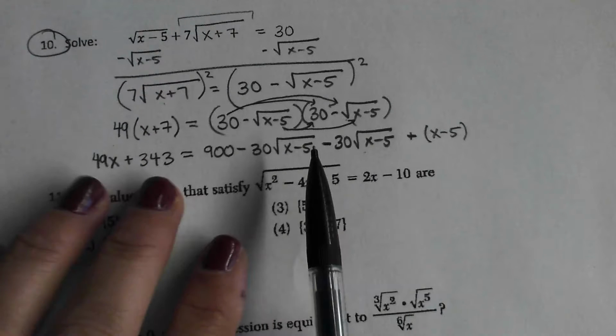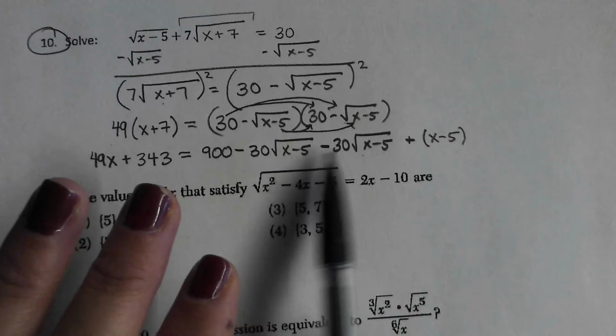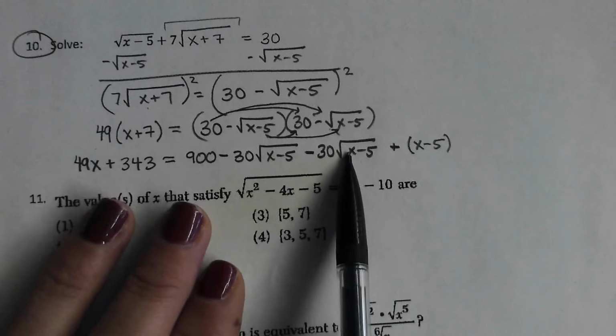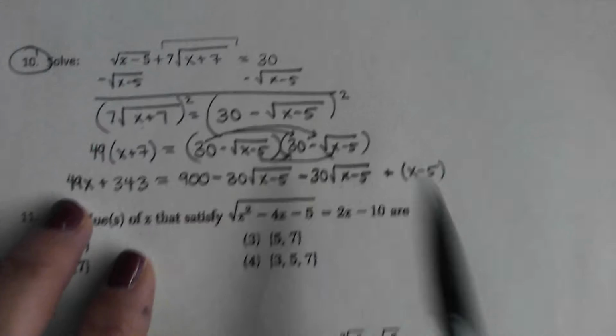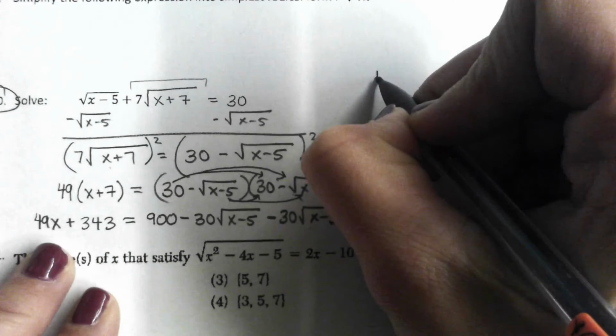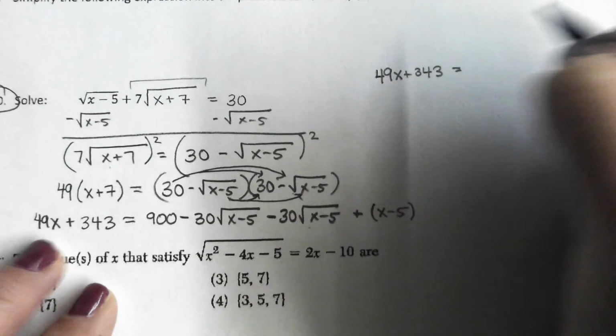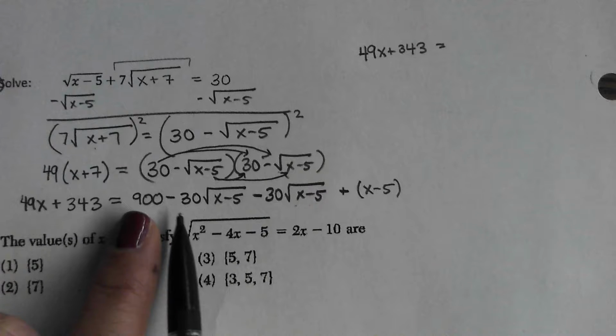So now from here, I still have radicals, and I can combine. I've got negative 30 of these and negative 30 of those, which is going to make negative 60 of them. So I'm going to move over here and just copy down the left-hand side. On the right-hand side, I have some combining of like terms.